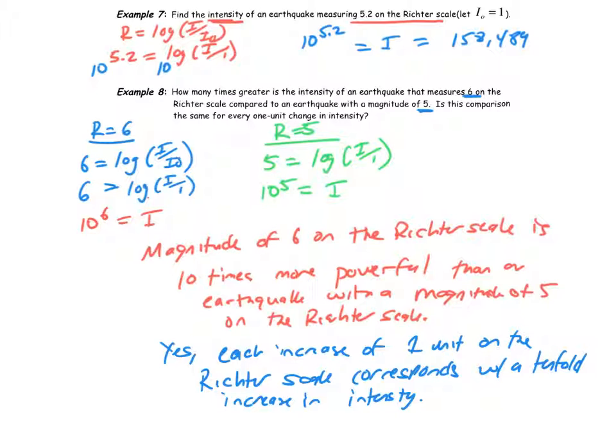And if we increased by 2 units on the Richter scale, that would correspond with a 100 times increase in intensity of an earthquake. So when you hear a news report about the magnitudes of earthquakes, you can get a sense of their relative size by remembering that this is a logarithmic scale.